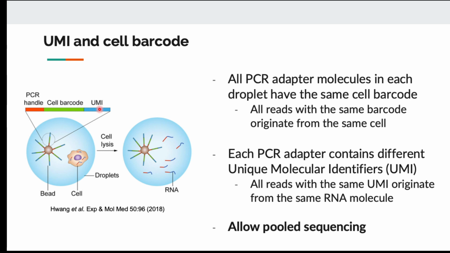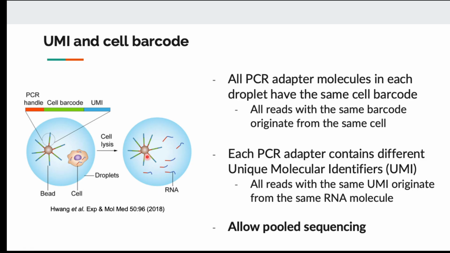So in single cell sequencing, in order to get the actual molecular count, not the read count, each PCR handle, each PCR adapter, not only contains the cell barcode that's unique to the cells. For each adapter, they will have its own random UMI, or unique molecular identifier. So each original RNA molecule starts off as one molecule.